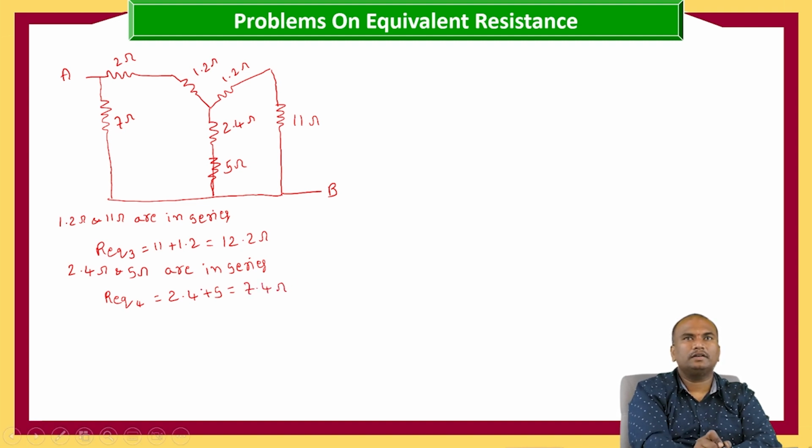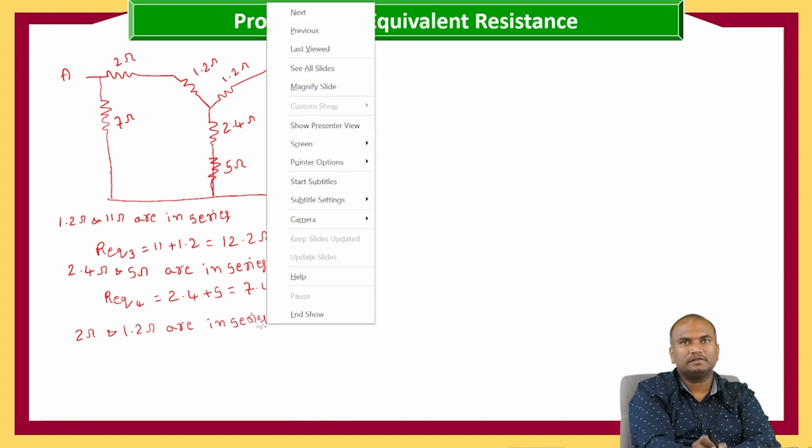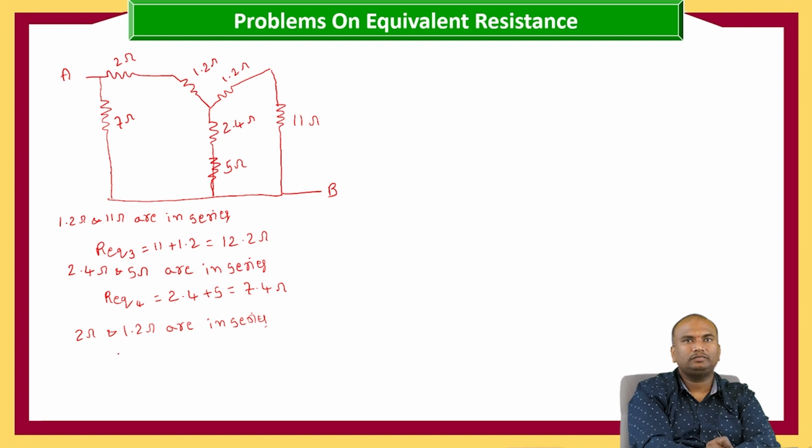Now we got the circuit, and also this 2 ohms and 1.2 ohms are also in series. That is equals to R equivalent 5 is equals to 2 plus 1.2, which is equals to 3.2 ohms.